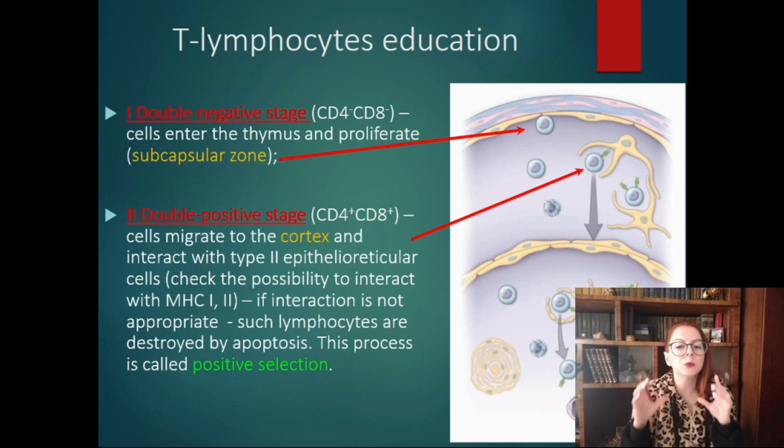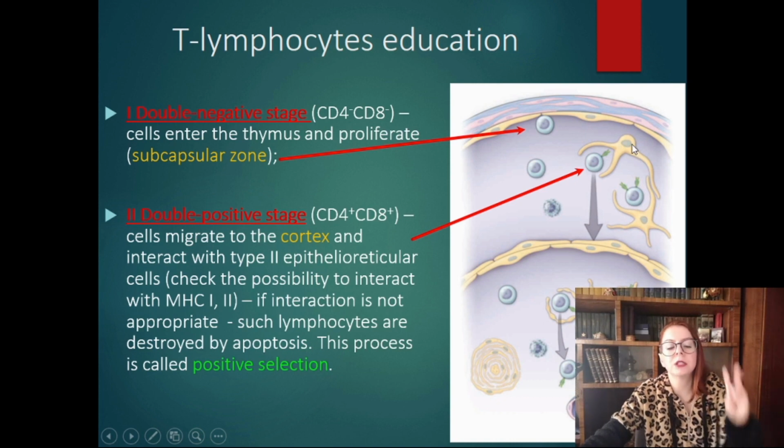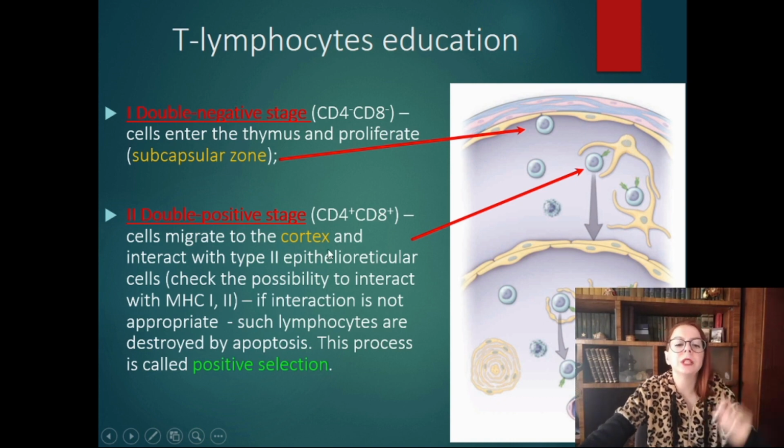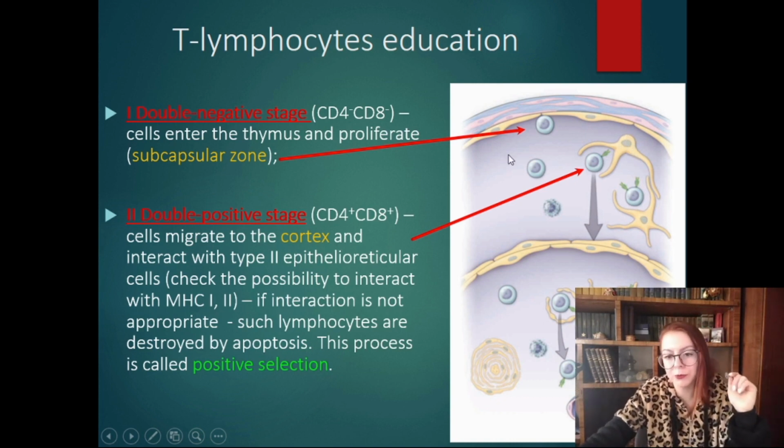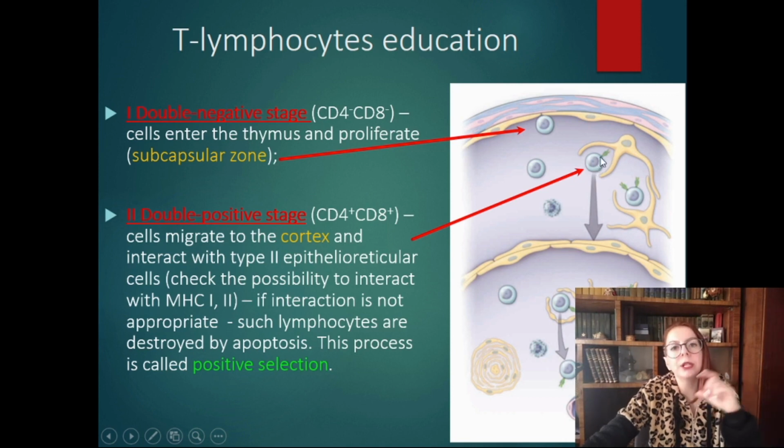And this is exactly what is tested in the cortex, okay? So here, epithelial reticular cells type 2, exposing MHC type 1 and type 2, test those CD4 and CD8 receptors. And if the interaction is proper, such a cell has confirmed its quality, and it descends to the medulla. It continues to develop. In case the interaction is improper, it is destroyed.